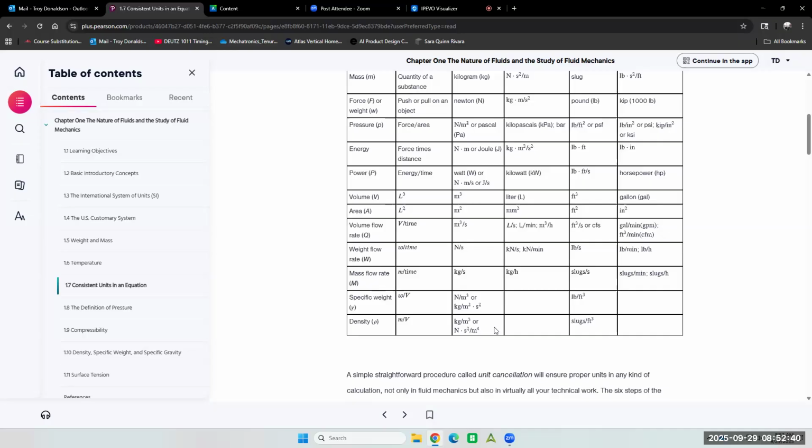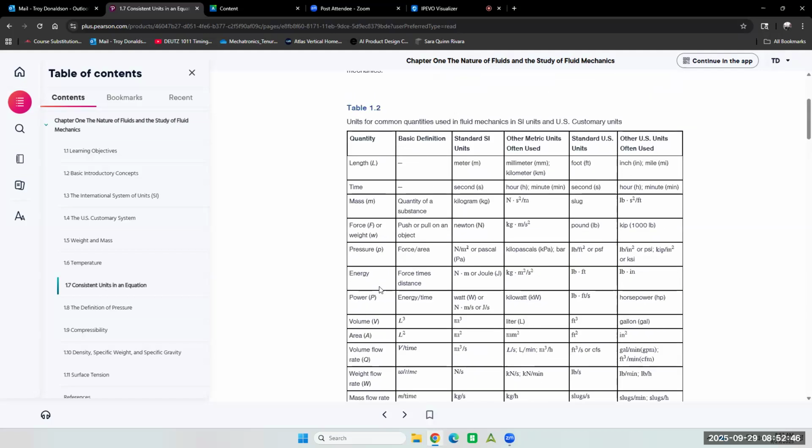Density, reminder of how it works, and the units, specific weight, and a few other things that we'll get to. We'll do power. So hopefully they have horsepower. Yeah, here's the horsepower right here. Because a lot of our pumps and motors come to us in horsepower. So what the hell is a horsepower, right? Well, it's a unit we used a long time ago. It was a single horse.